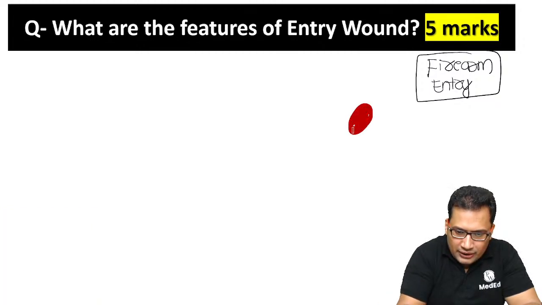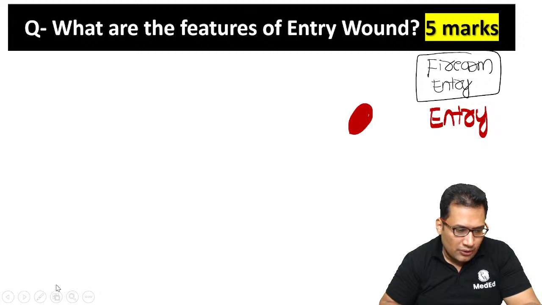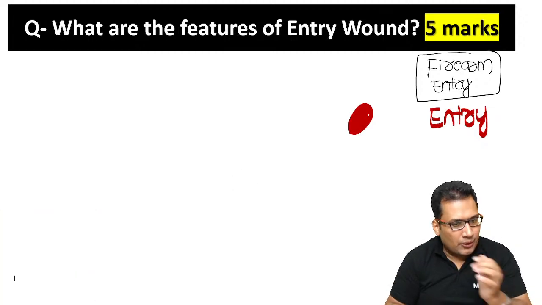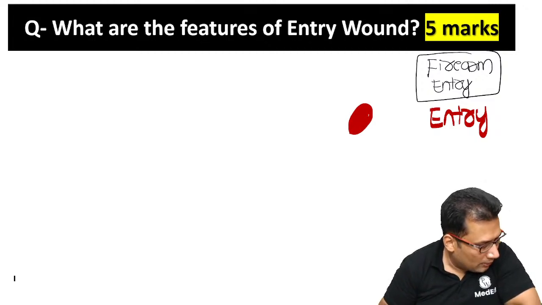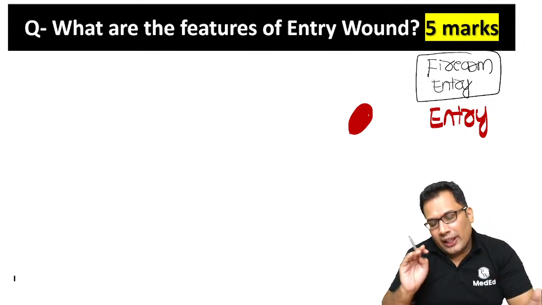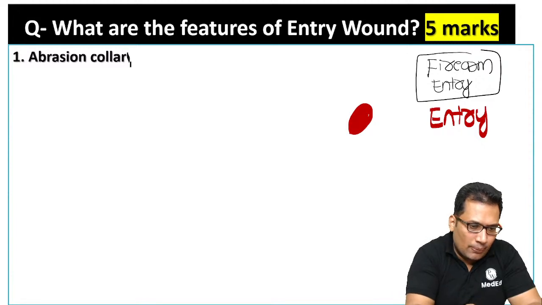So, for example, this is the entry wound. Around the entry wound, what are the findings? Yes, point number 1, inverted. Very good. So entry wound has abrasion collar.